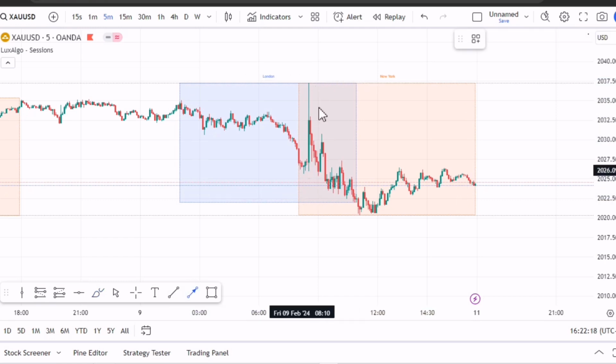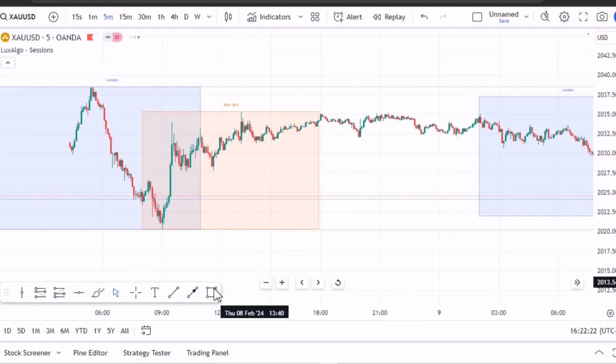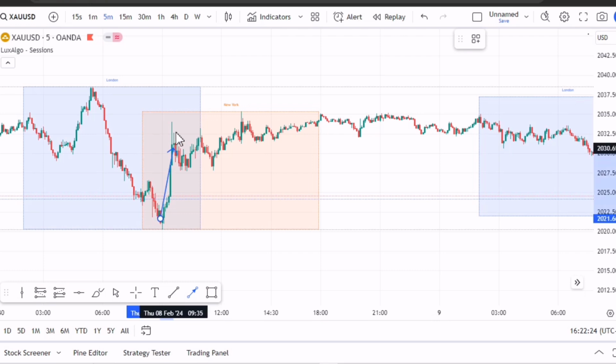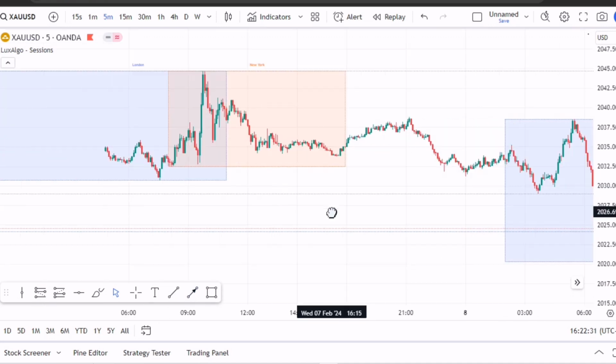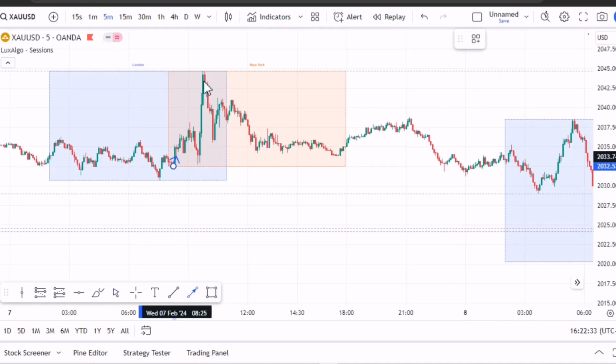So I want you to be able to catch that move and not miss it. There is always this move every time the New York session opens.